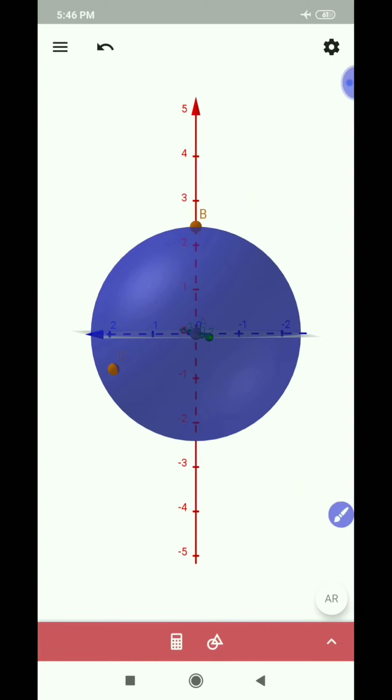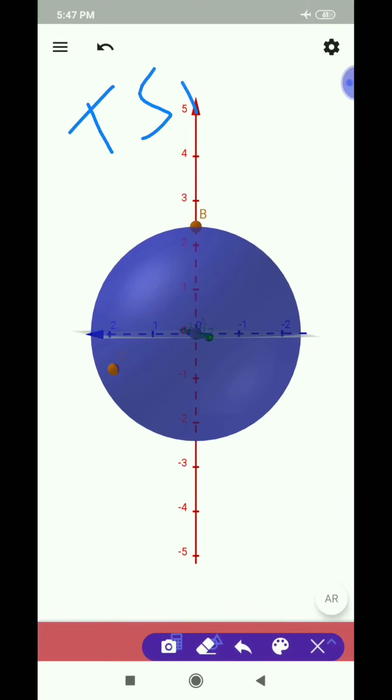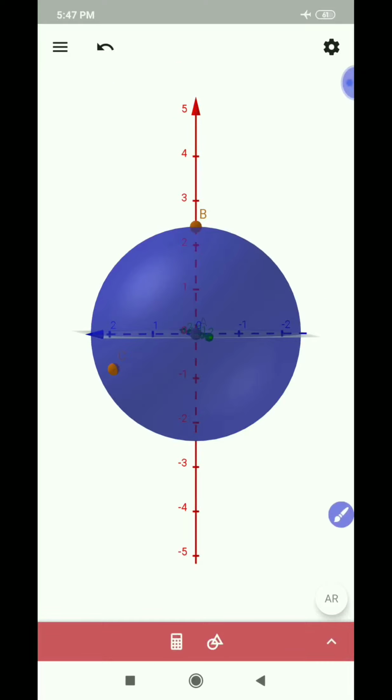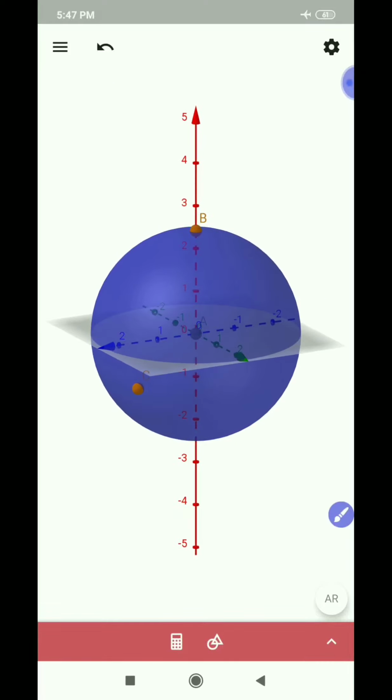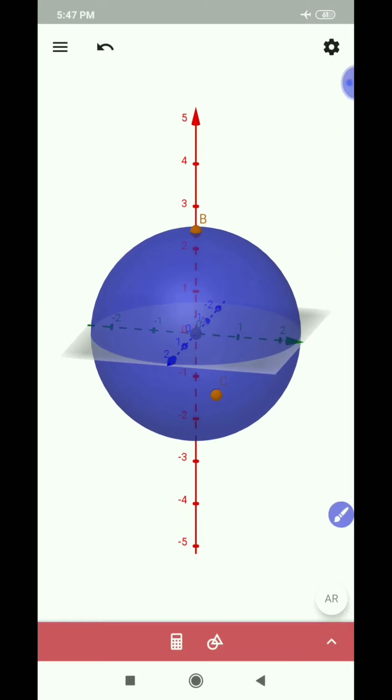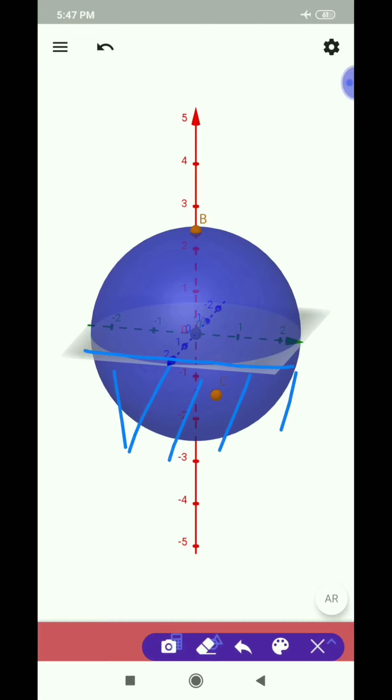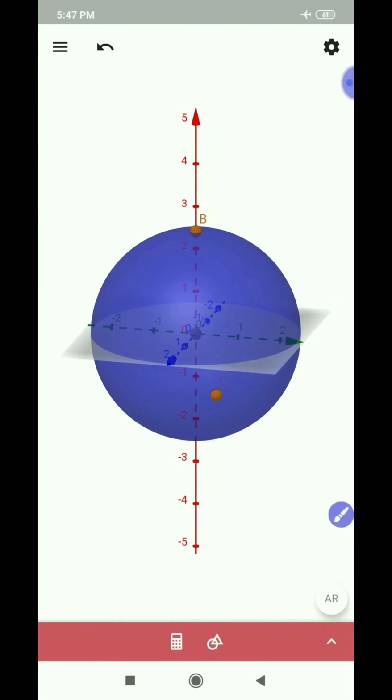One thing, dear students: for a hemisphere we also have total surface area, because the base is a circle and the remaining curved part we will have. So observe, only consider the top one, leave the bottom one. It is a hemisphere.